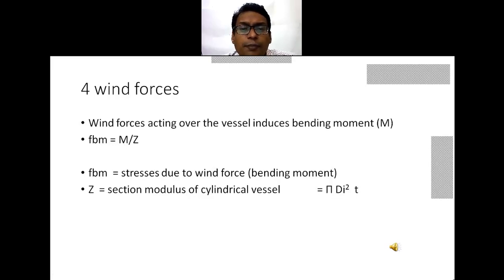So FBM, the stress due to the wind force, is equal to M upon Z, where Z is the sectional modulus of a cylindrical vessel, calculated as pi d square into t.